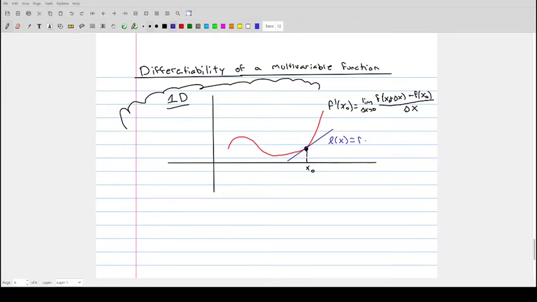And I'll actually start with f of x naught. It's f of x naught plus f prime at x naught times x minus x naught.